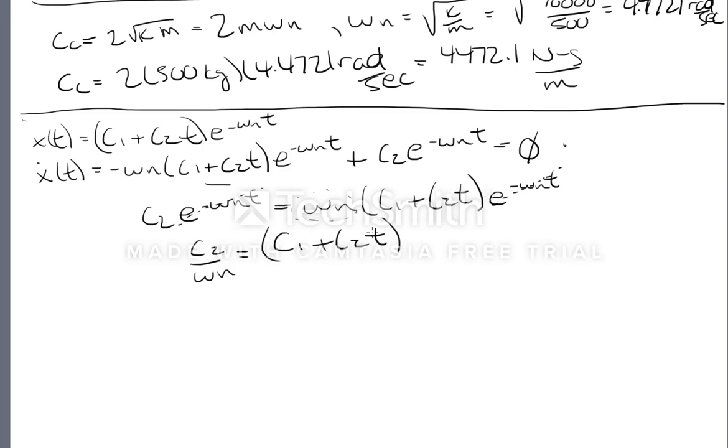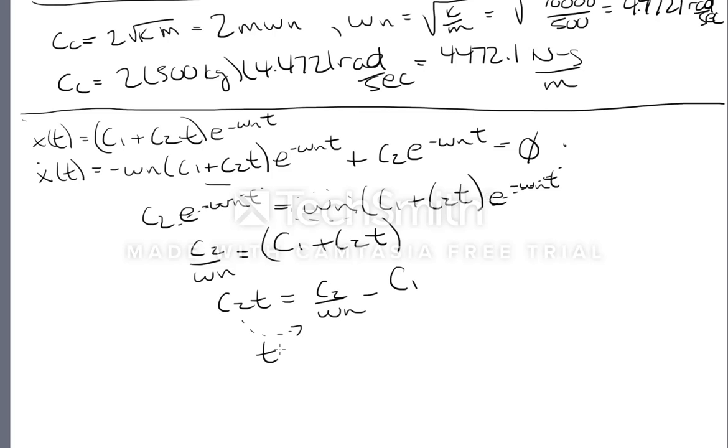And we're looking to solve for t. Okay, so we're going to say C2t equals C2 over omega n minus C1. So now we can move the C2 over here.